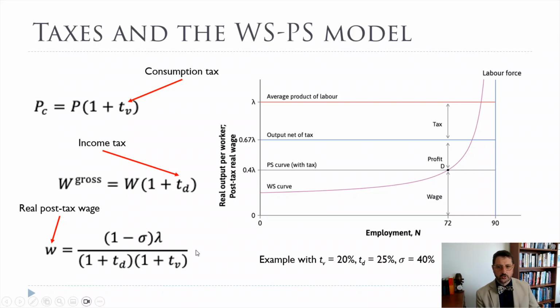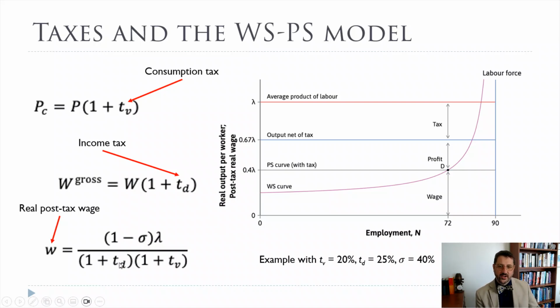And so here's our formula all put together. Let's just look at what this means. Our real wage, lowercase w, or maybe it's a lowercase omega, is equal to the average product of labor, that's lambda, times 1 minus the profit margin, right? That's sigma. The example we've often been using is 40% profit margin, or maybe 30% would be more reasonable.